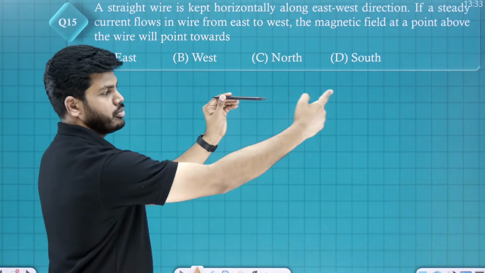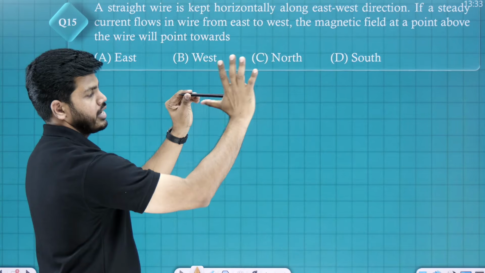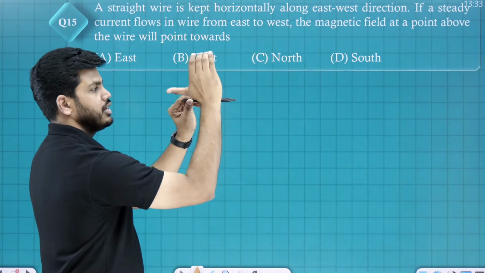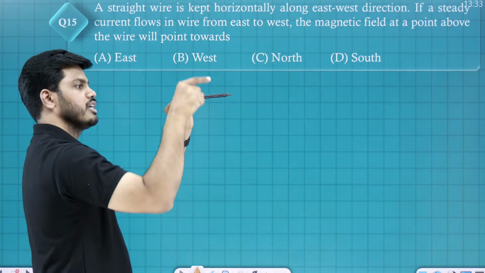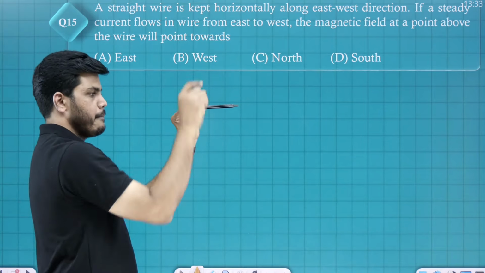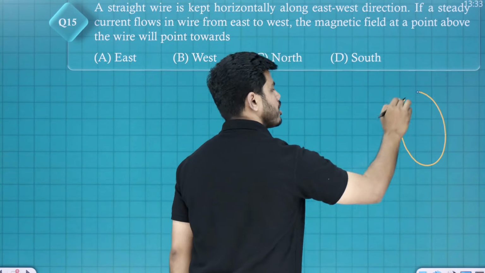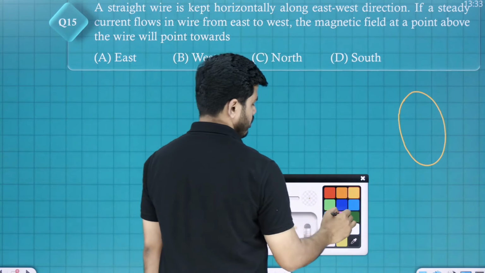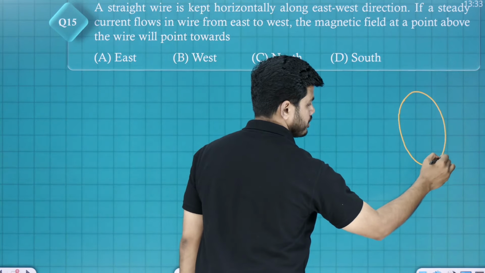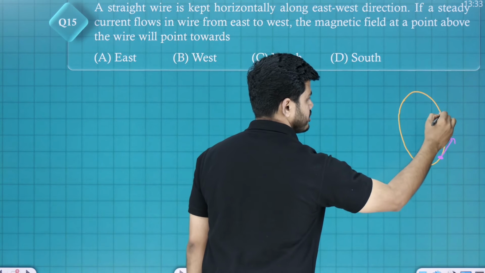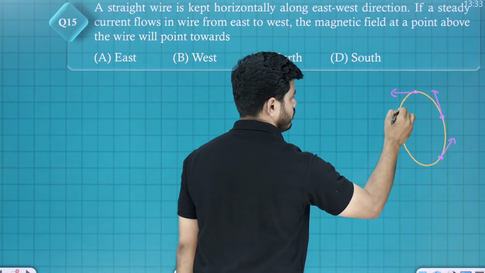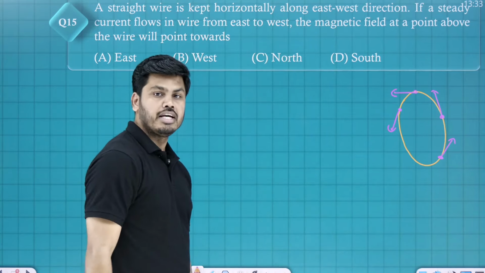Yes, so current is from east to west. I'm going to hold it in the direction of current, like this. So the magnetic field is going around the conductor like this, correct? If you have a magnetic field going around, a circular magnetic field line, how will we find the direction of magnetic field at any point? It is a tangent, right? Wherever you go, the magnetic field will be tangent.